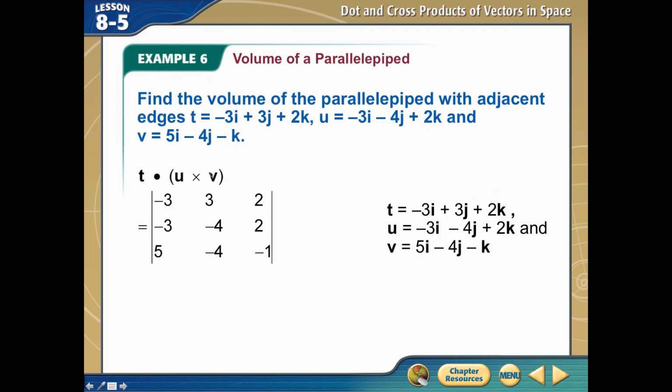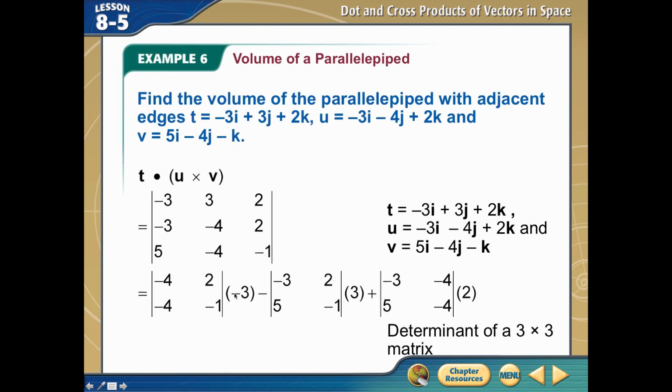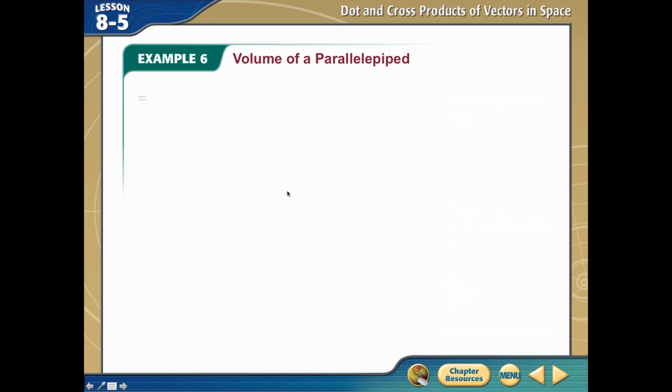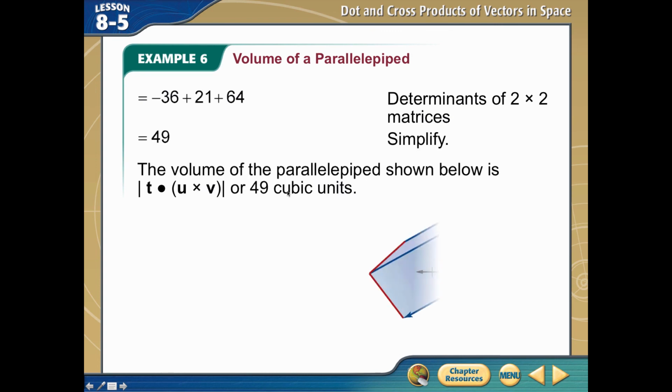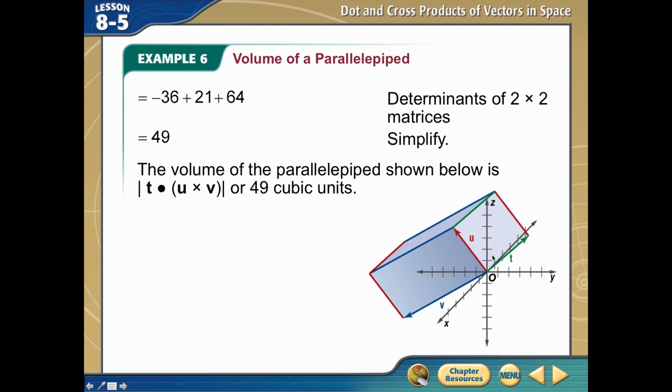And then when you set it up, rather than putting I, you put -3. Rather than putting J, you put 3. Rather than putting K, you put 2. So T dot U cross V, multiply it out, and you come up with a scalar. And the scalar is the volume of a parallelepiped.